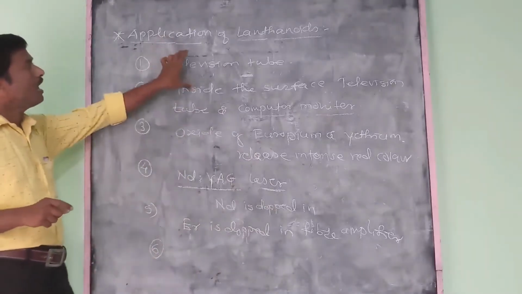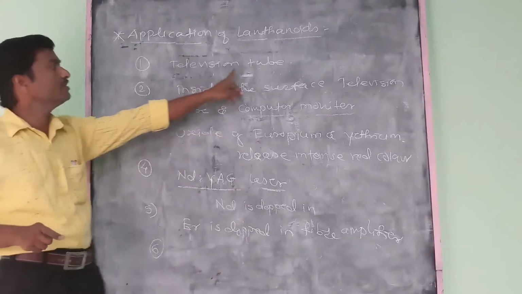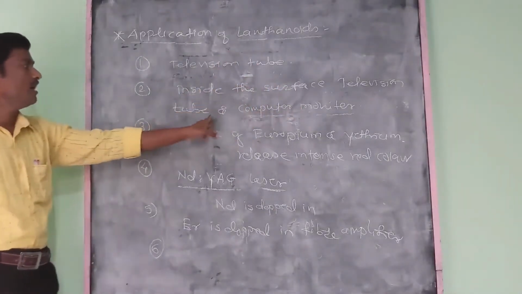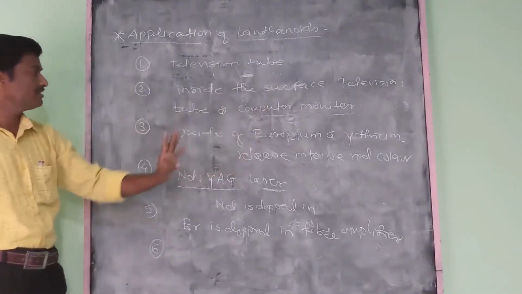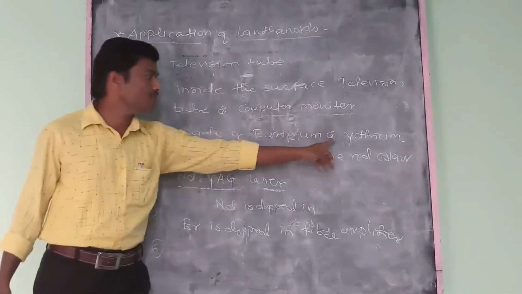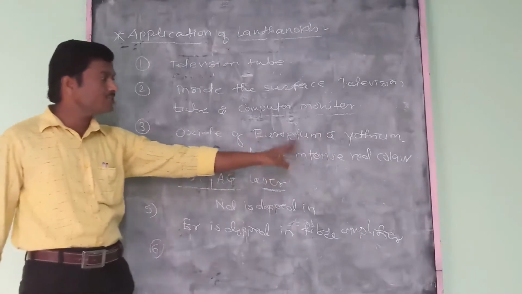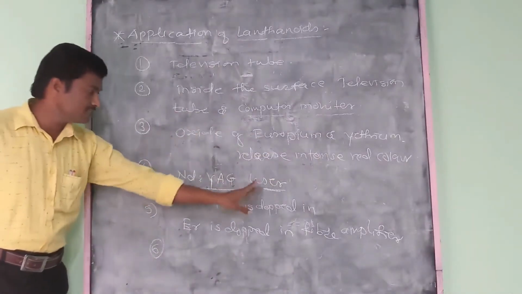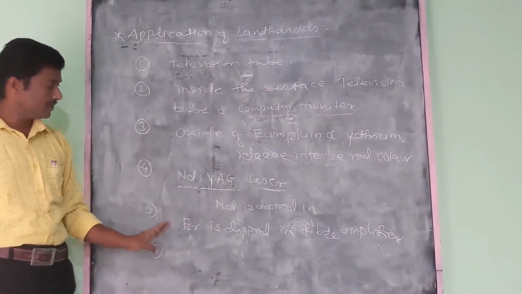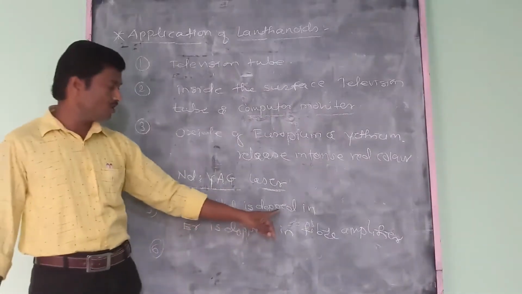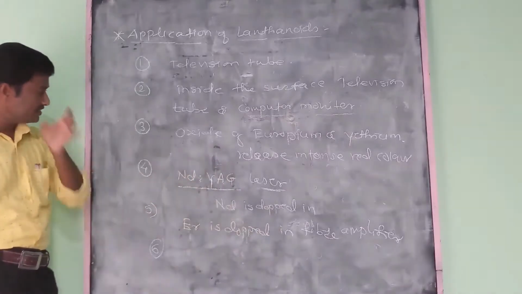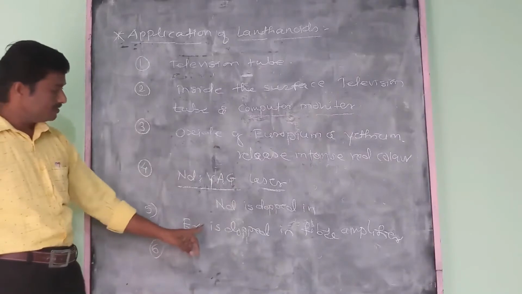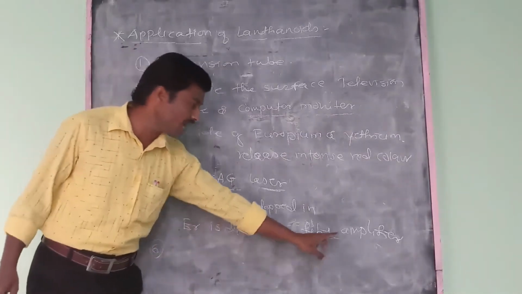These are some applications of lanthanides, that is color television tube. First one, that is also inside the surface of television tube and computer monitors for color images. Then europium and yttrium release the intense red color. Then neodymium yttrium aluminium garnet lasers are also prepared, in which neodymium is doped in yttrium aluminium garnet, and also erbium is doped in fiber amplifiers.